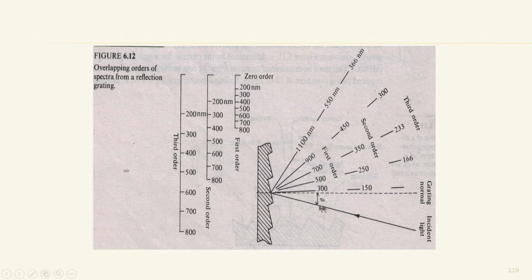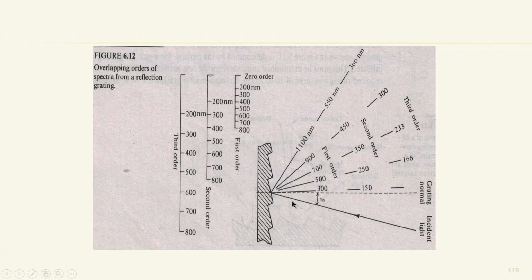This is the incident angle, and all the radiations will be coming out like this. I have shown here the different wavelengths: 300, 500, 700, 900, 1100.